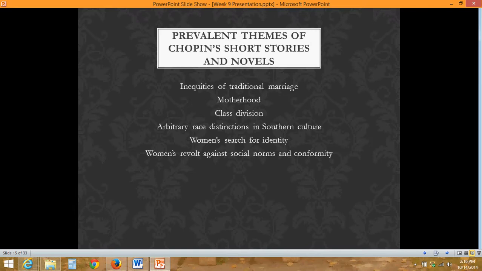We also have race distinctions in Southern culture and how she finds that arbitrary. The identity, women's search for a personal identity, or a revolt against social norms and conformity. So these are just different ideas and themes that you might find in her work. So if you're looking at trying to analyze her work through the idea of a theme, here are some ideas to look at.